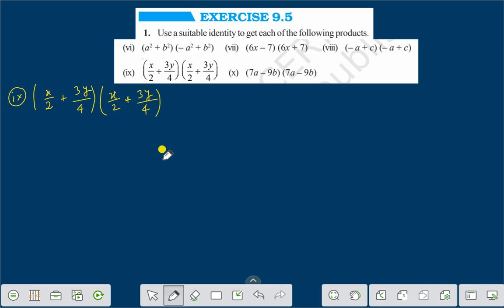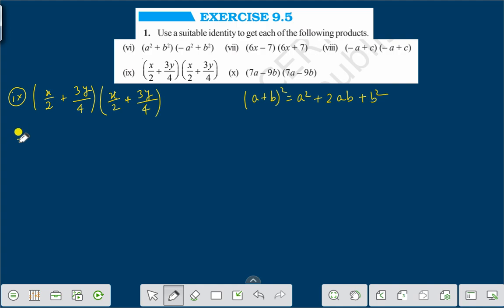Here we will apply the identity that a plus b whole square is equal to a square plus 2ab plus b square.